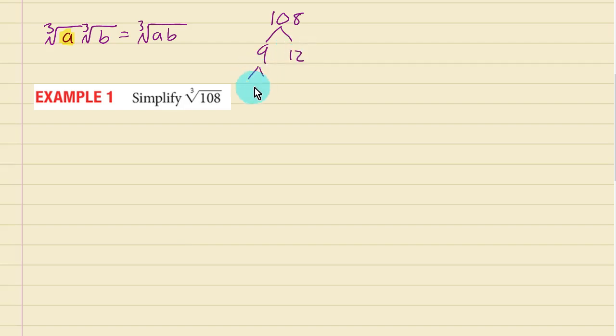And then you can keep factoring these and get 3 times 3. And then 12 is also 3 times 4. So these are all things you can multiply together to get 108. So in other words, 108 is 3 to the power 3 times 4. I say 3 threes because there's 3 of them here you can multiply together. Or it's also known as, of course, 27 times 4. You could do it that way.